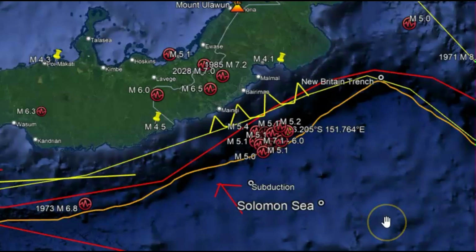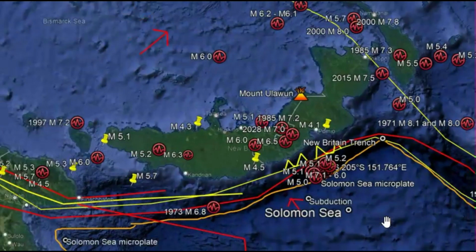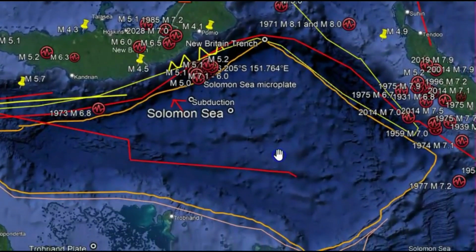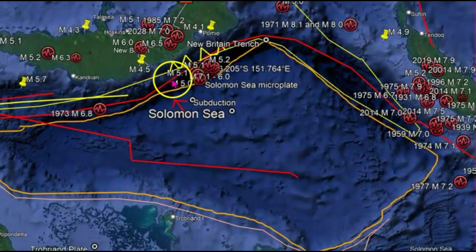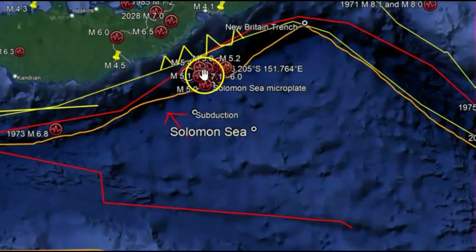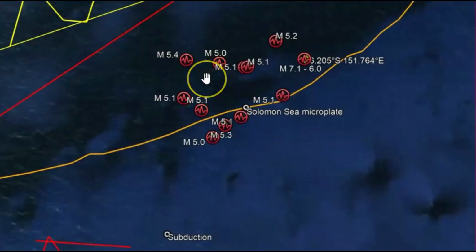And then we also have the Woodlark Spreading System, which is located on the south at the boundary of the Solomon Sea Plate, and that would be down over here. I drew little arrows for you so you can see the direction. With all these earthquakes, 22 of them, I only put on here the magnitude 5 or greater.